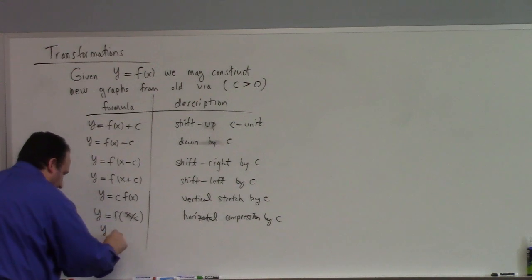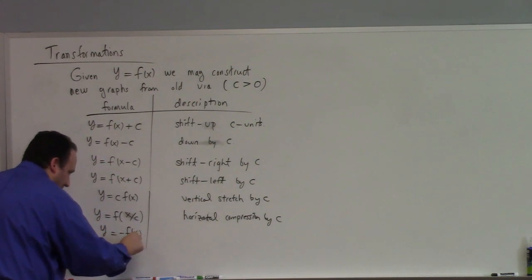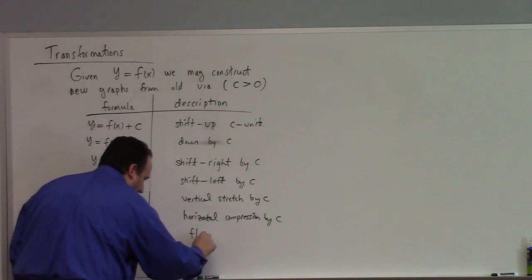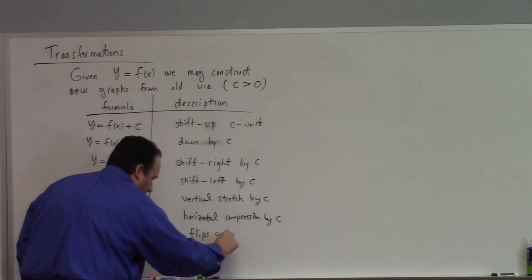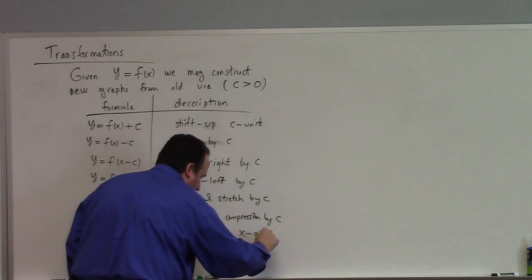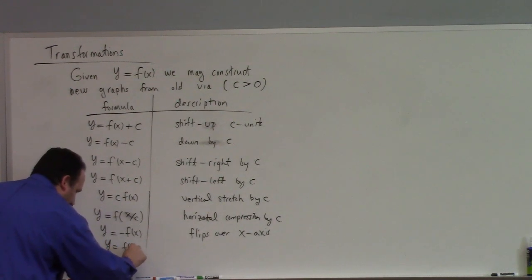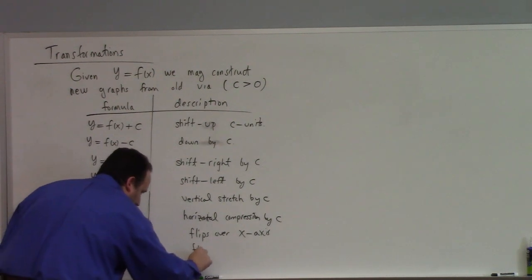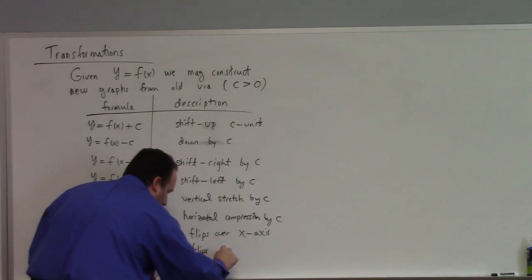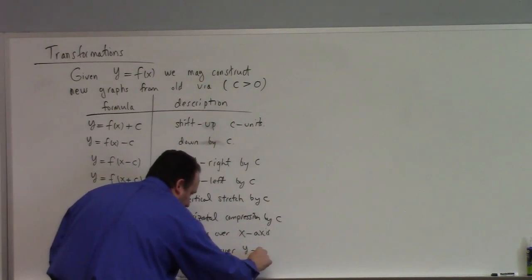If we have y equals minus f of x, this flips over the x-axis. If we have y equals f of minus x, this flips over the y-axis.